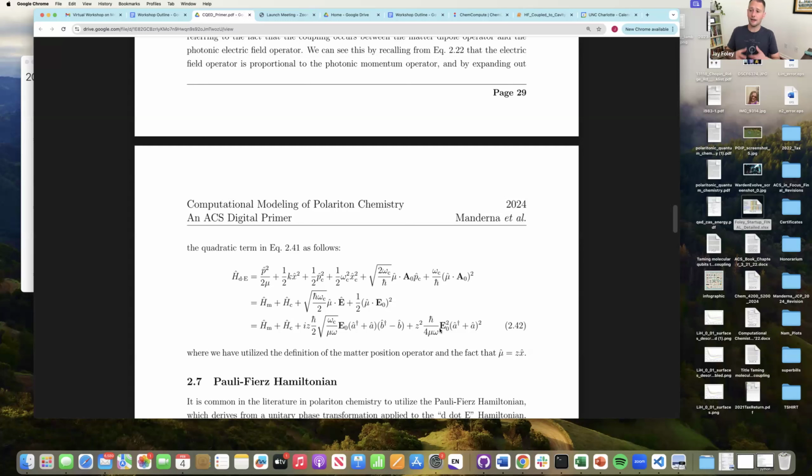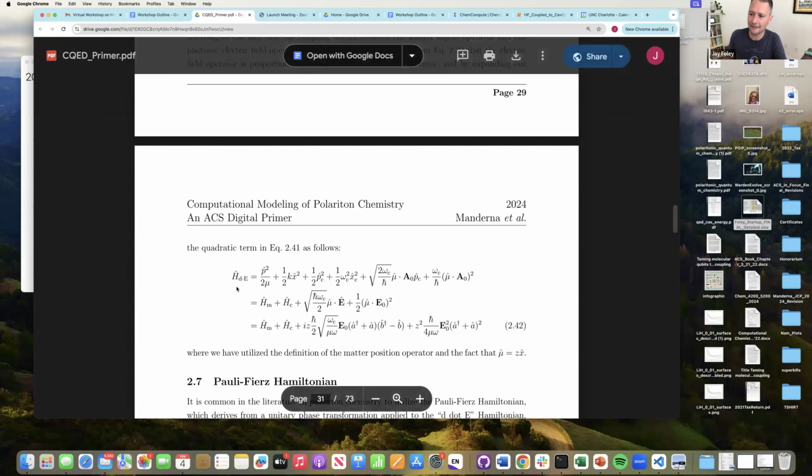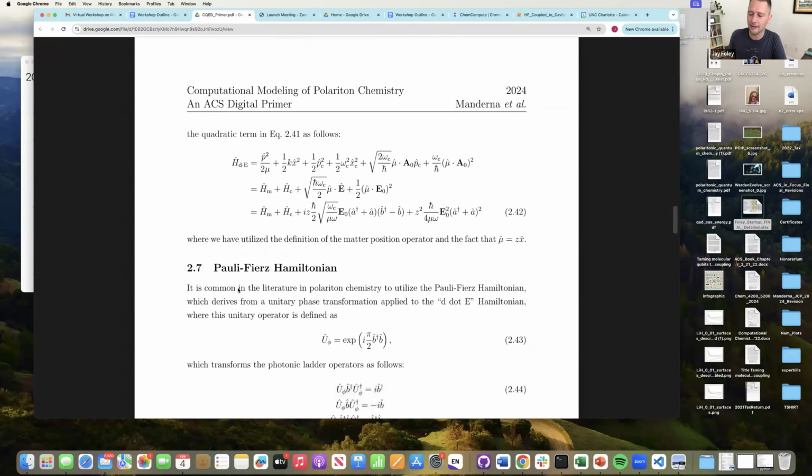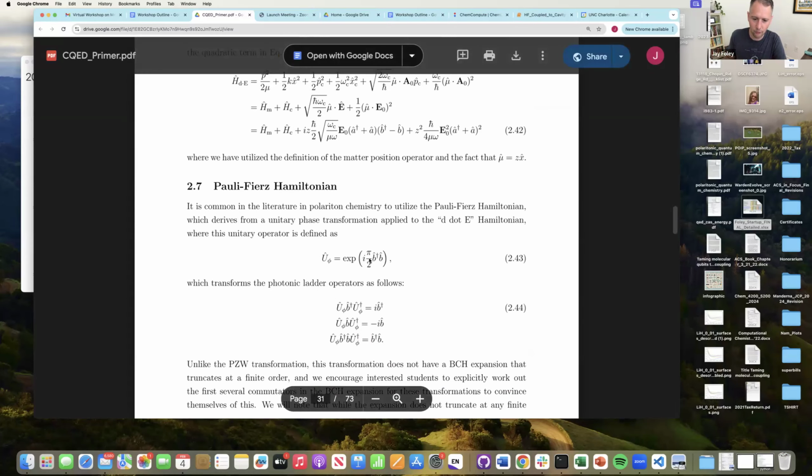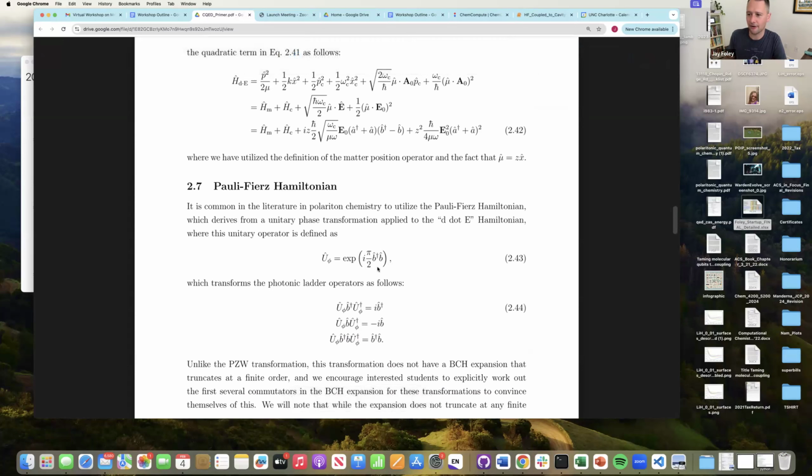Actually, in our notebook, we did not get this far. In our notebook that we're going to implement today, we're actually going to use a different Hamiltonian than the D.E, and it results from one additional unitary transformation, which is of this form. This is a very interesting unitary transformation, and I wish we had much more time so we could talk about it more.